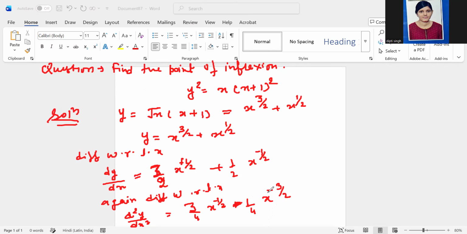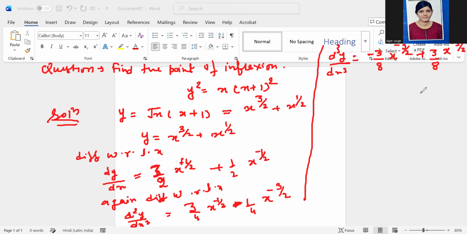Now we also need the third derivative. The third derivative will be minus 3 by 8 x to the power minus 3 by 2, plus 3 by 8 x to the power minus 5 by 2.